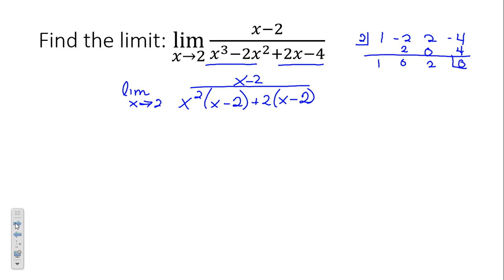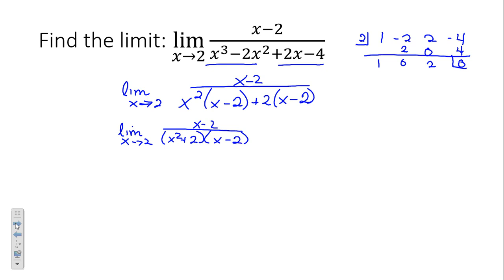Okay, so we're going to have the limit as x goes to 2 of x minus 2 over, what did the first two have, or what do we put in the first parentheses? X squared plus 2 and the common term x minus 2.